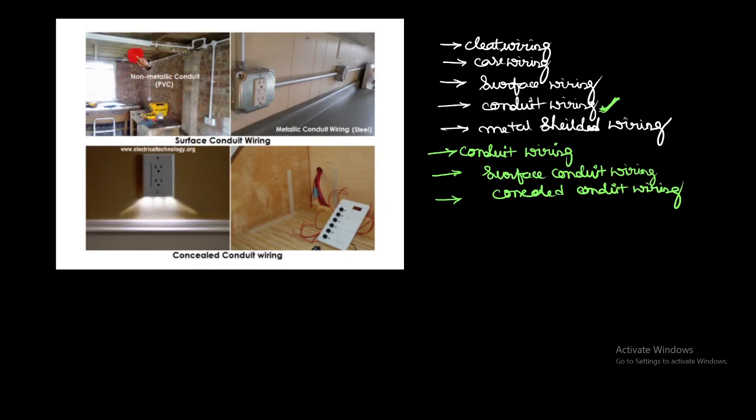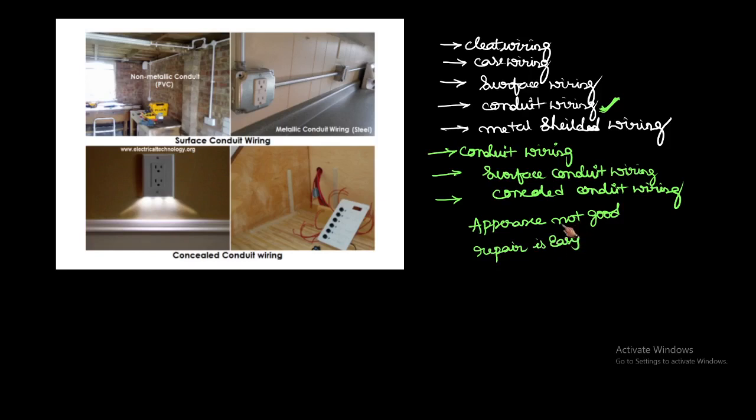So the problem with surface conduit wiring is that the appearance is lost. The first point is that the appearance is not good in the case of surface conduit wiring. In olden days it was there, now we have replaced it. Advantages I am telling: repair is easy.